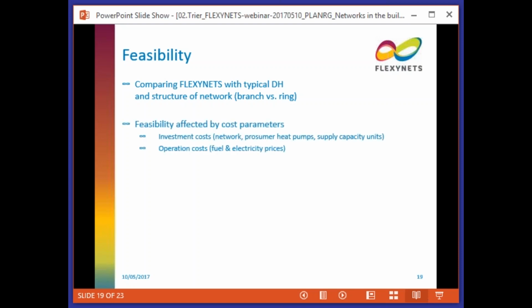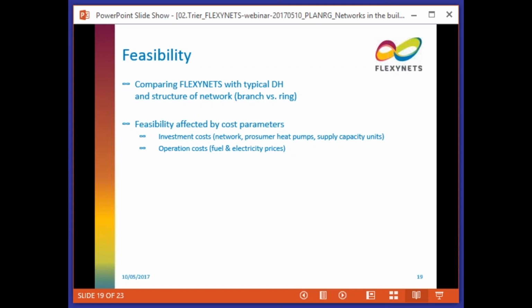So checking the feasibility, we compared the different options, and it's very clearly seen that investment costs will affect the feasibility, meaning the network, how much the piping costs, and the prosumer heat pumps needed to raise the temperature at the consumer side.